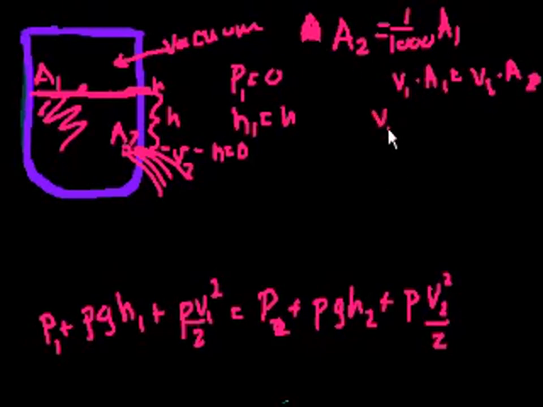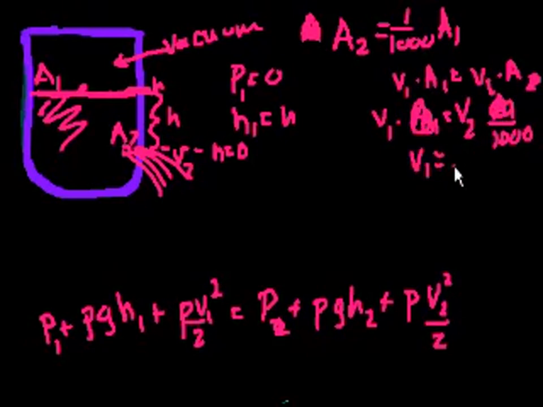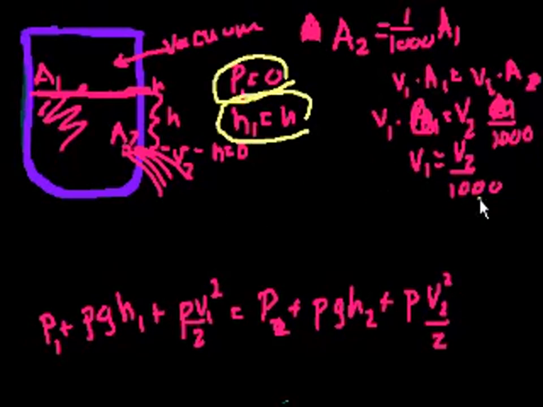So the input velocity times area 1 is equal to the output velocity times area 1 over 1,000. Divide both sides by area 1. So the input velocity is equal to V2 over 1,000, right? So that's good to know. So these are the three inputs into the left-hand side of Bernoulli's equation.